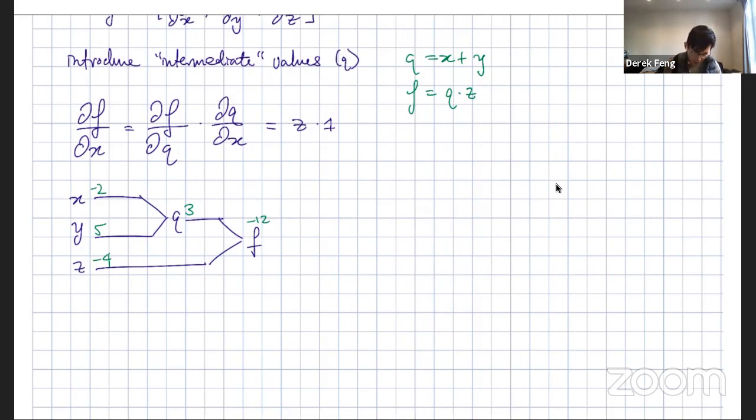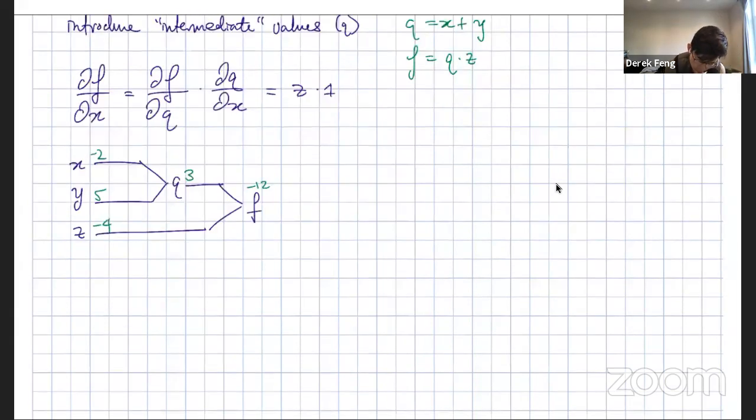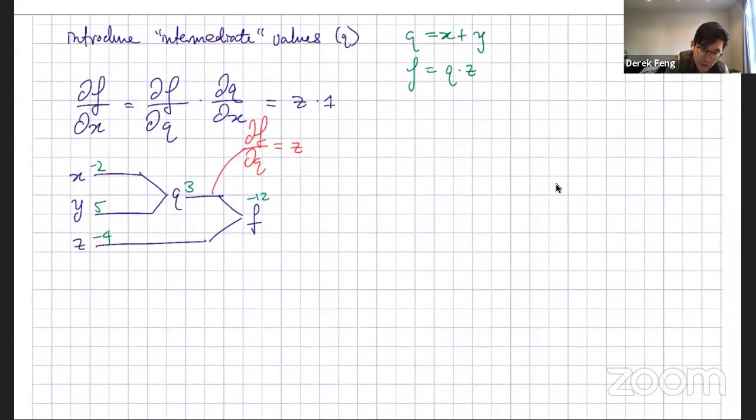Then what I'm going to do is calculate the gradients with respect to the things that we see here. So this would be df by dq, and we know that's z, and we know that's -4.